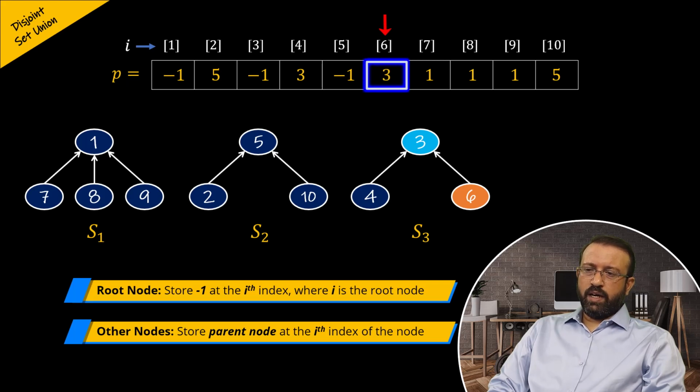That is, we are storing the parent, which is 3, of the element 6 at index 6 in the array. So this is how we can store the disjoint set S3 in the array. And this is how we can represent all the elements of the disjoint sets in array P, which simplifies the operations that can be performed on disjoint sets.